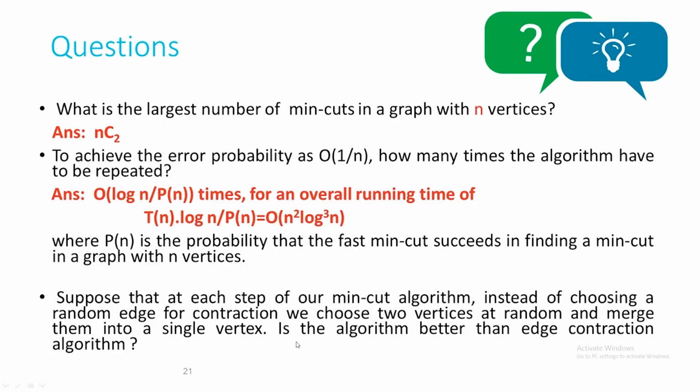Okay. The last question. In Karger's min cut as well as the improved algorithm, we contract the edges. Now, you do not want to arbitrarily select an edge and contract it. Randomly you choose two vertices of the graph and merge the two vertices.